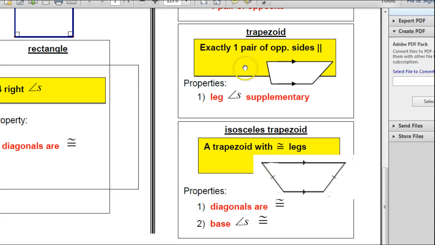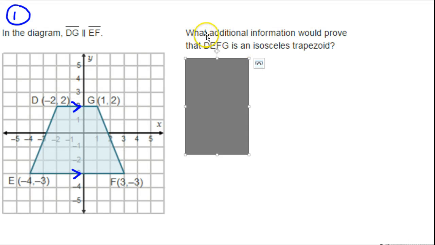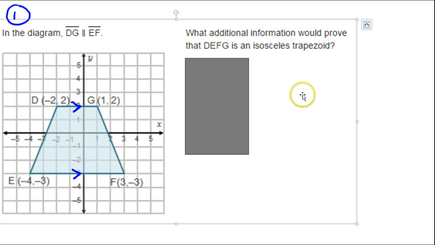Now, the only question is, is it just a random trapezoid, or will it be an isosceles trapezoid? An isosceles trapezoid is a trapezoid where the legs, the non-parallel sides, are congruent, the same length. In this problem, they're asking what additional information would prove that this trapezoid is an isosceles trapezoid. We know it's a trapezoid because we have one pair of sides parallel.